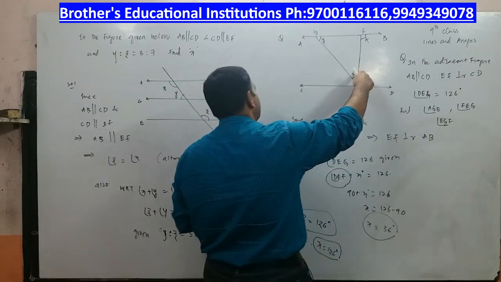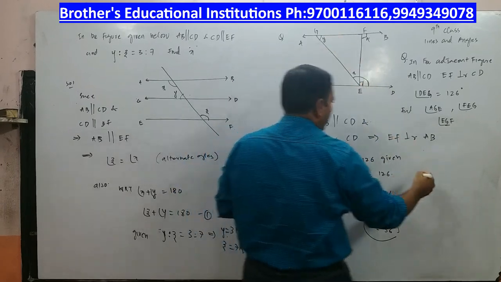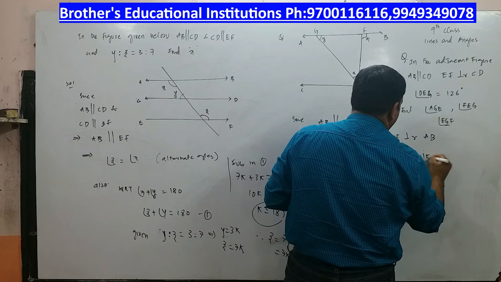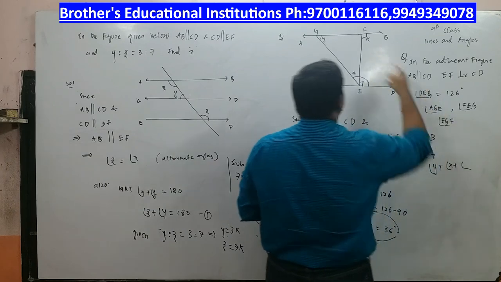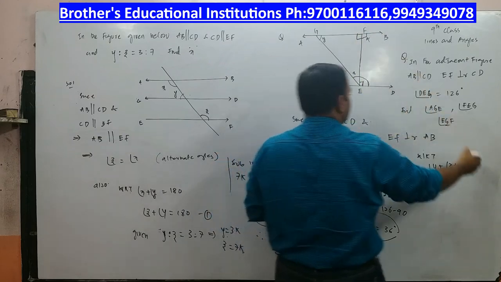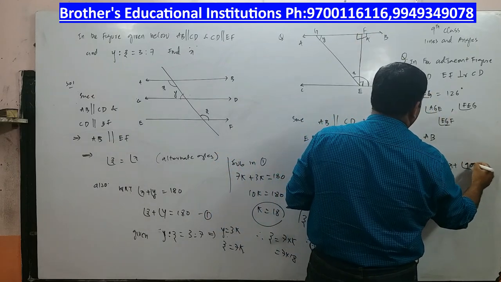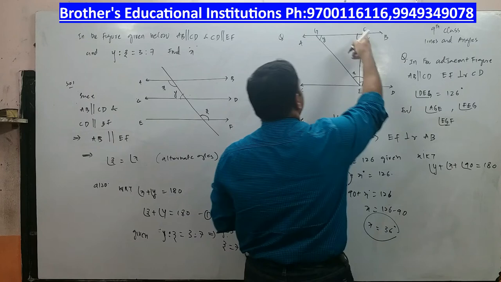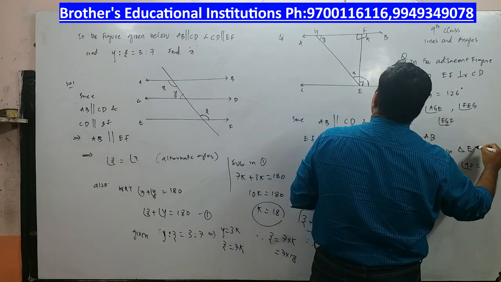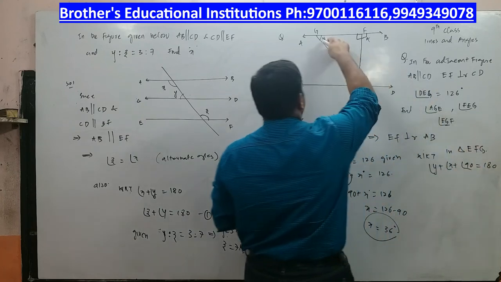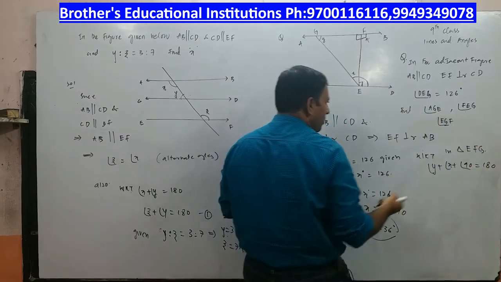When you know X is 36 degrees, how will you find Y? Alright, so we know that angle Y plus angle X plus angle over here, how much is it? 90 degrees, is equal to 180 degrees. Sum of the angles of a triangle. We know that in triangle EFG, this angle plus this angle plus this angle is equal to 180 degrees.